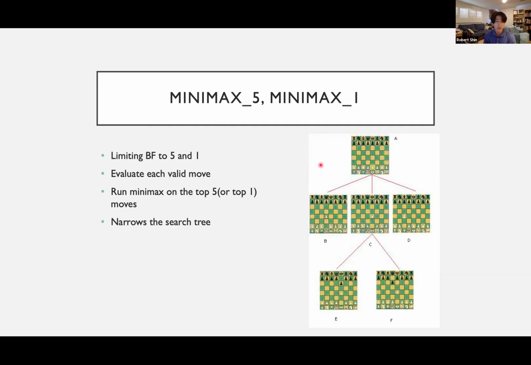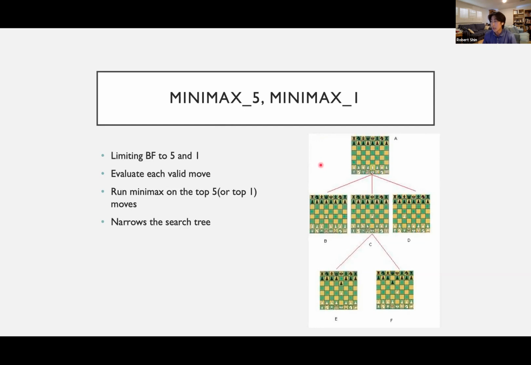We run our Stockfish evaluation on the position and find the 5 most promising moves. And from those 5, we run minimax 5 once again. And so what we're doing is instead of looking at 35 moves per position, we only look at 5. And ideally, we're not missing out on the positions where you're making bad moves, because hopefully those positions wouldn't happen, because you're looking for the best moves possible.